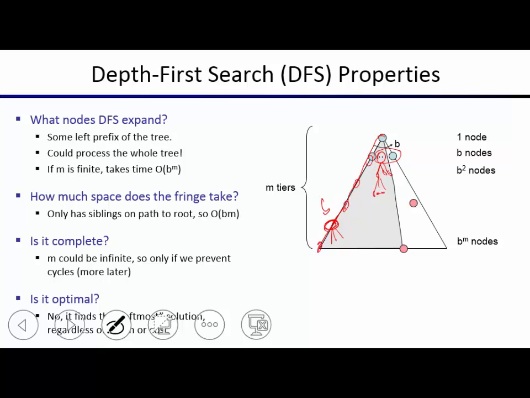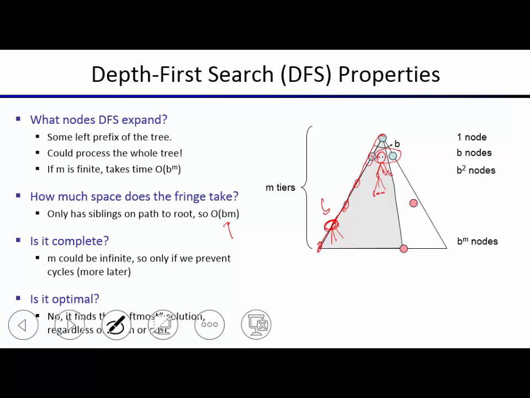Question there. A question on how much space it takes to store one fringe case. Let's say we're looking at the leftmost all the way down, and then we go one to the middle. Shouldn't that fringe have a size of m? So we said how many nodes could be on the fringe, which was b times m.